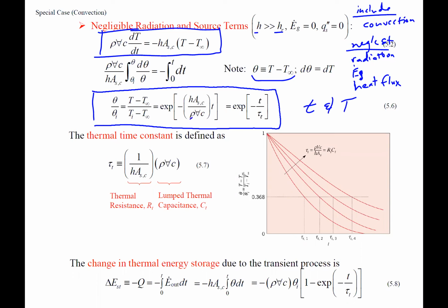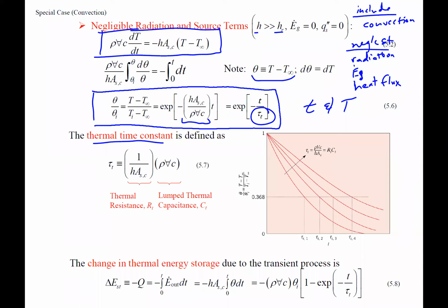Inside of it, it has a parameter. This parameter can also be thought of as a thermal time constant. Just like you saw in electrical circuits where you have a resistance and a capacitor, as in a charging circuit, the same kind of thing is happening in this transient thermal cycle.